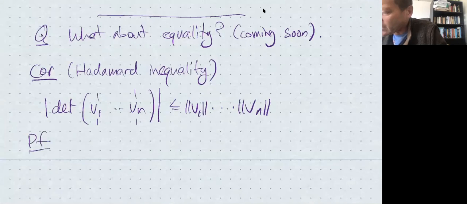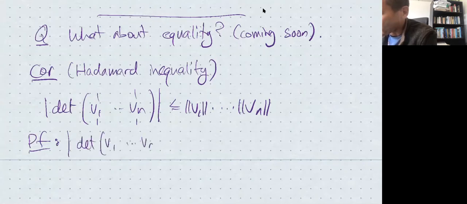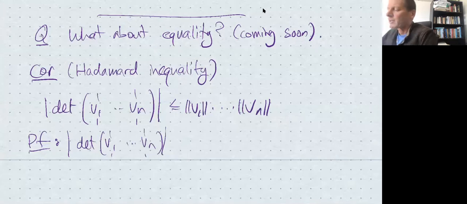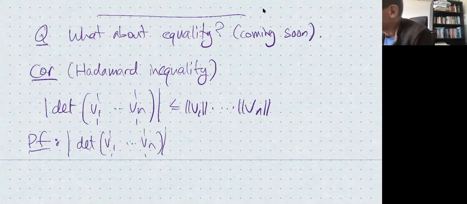This is an easy fact, but I'm proving it, first of all, because I owe the proof, and second of all, because we can see how this machine that we're building works. The left-hand side is the determinant of the matrix whose columns are the V_i. Let's just multiply that by 1 for the moment.